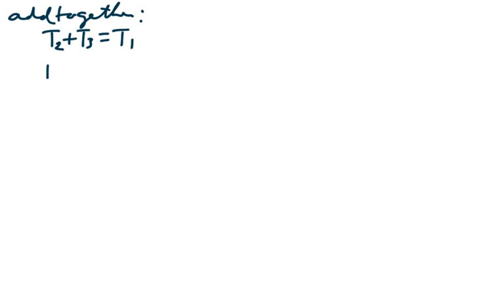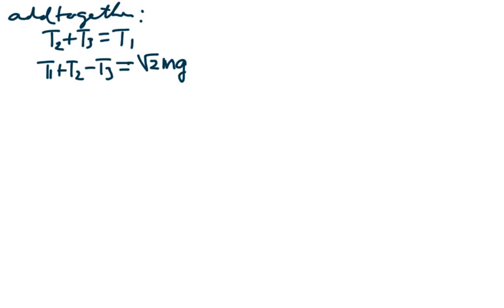All right, if we add these two equations together, what do we get? In other words, I'm going to have that T2 plus T3 equals T1, and we're also going to have that T1 plus T2 minus T3 is equal to the square root of 2 times mg.